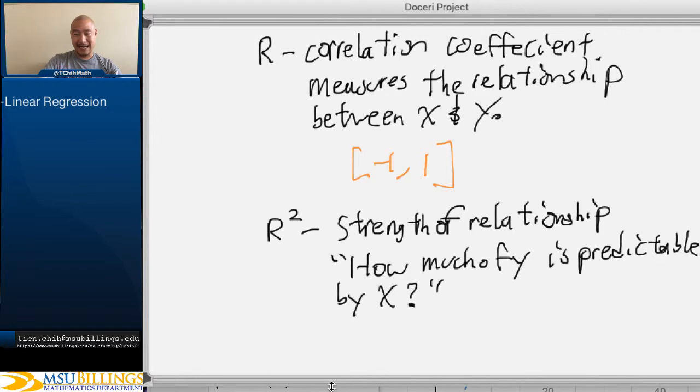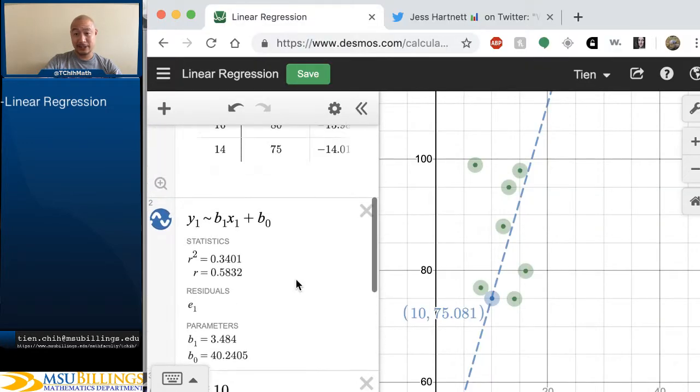So let's go back to our example here. We have that r is about 0.58 and our r squared is about 34.01%.